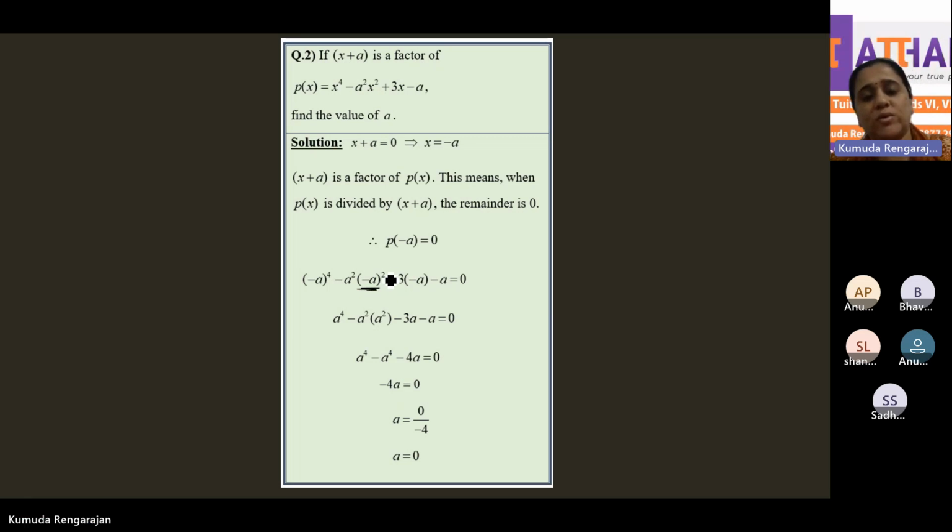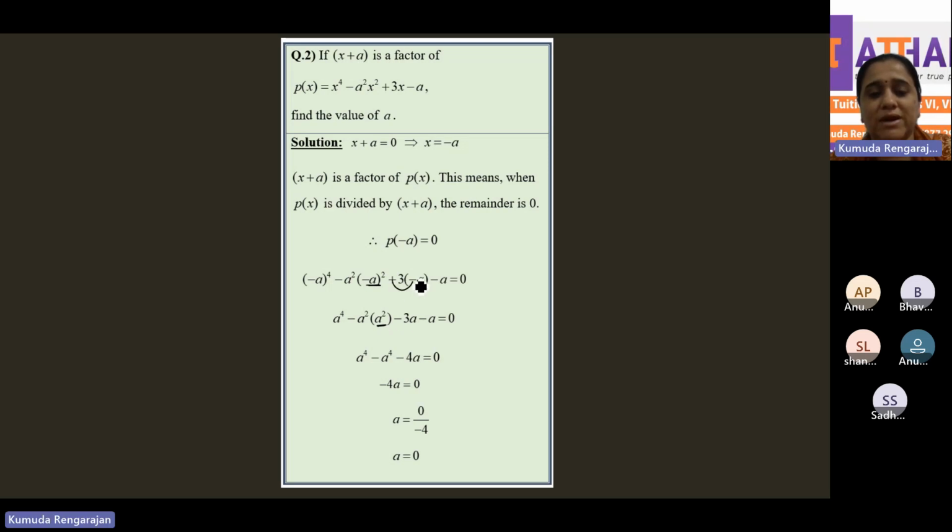Minus a the whole square is a square. Correct? Minus a into minus a is a square. Now this a square into a square is a to the power 4. I've shown all the steps. You can see it here. Here it is not minus into minus plus. Then what is it? Minus a the whole square is a square.